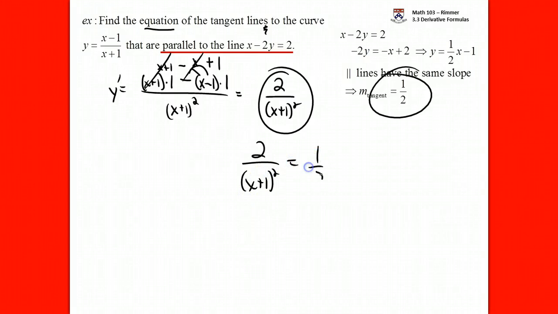Where is this equal to a half? How can we solve that? Fraction equal to a fraction? Cross multiply. Okay? So 4 should be equal to the quantity x plus 1 squared. If you go and multiply this out, x plus 1 squared, you're making life a little more difficult than it should be.